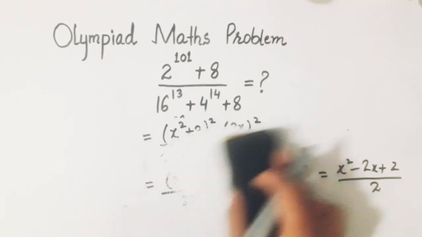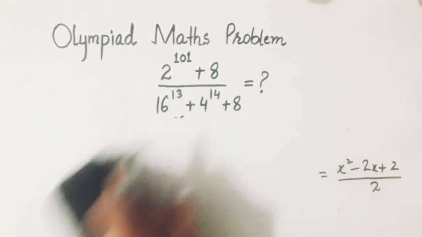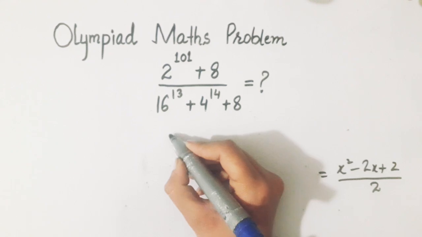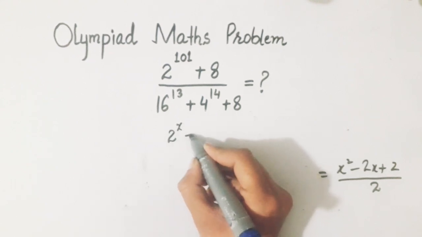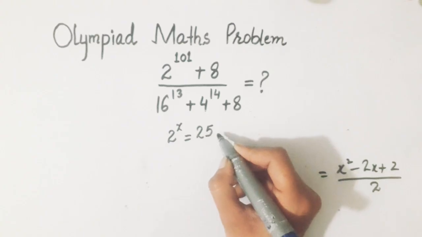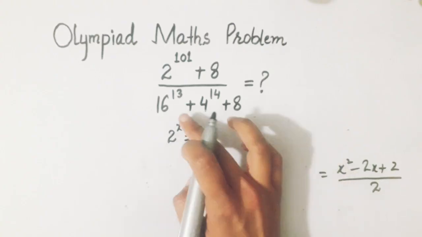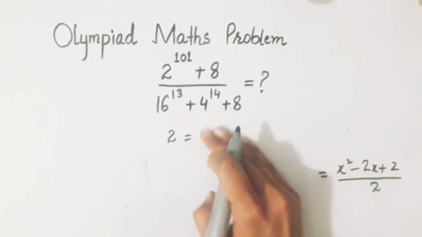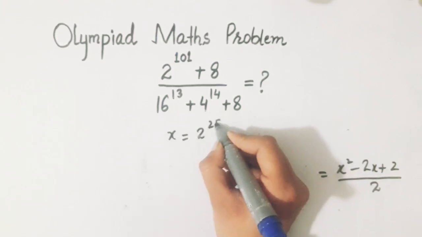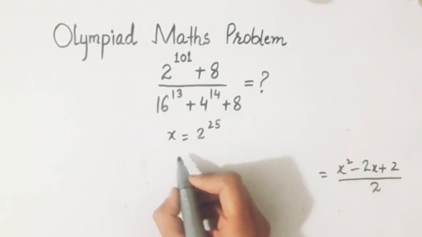Now we recall that we considered 2 raised to power 25 equals x, so the value of x is 2 raised to power 25. In this we will substitute the value.